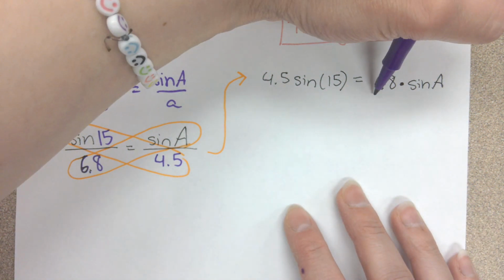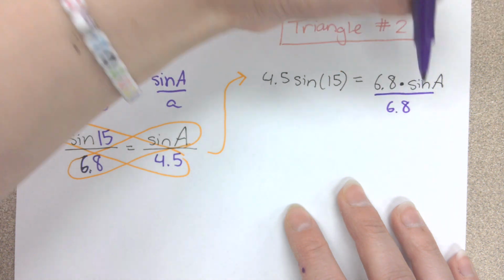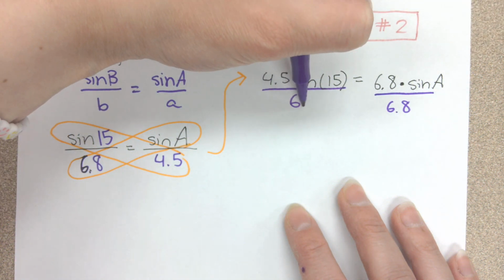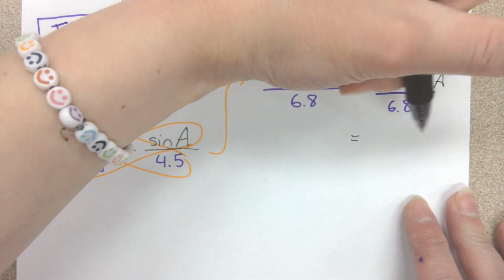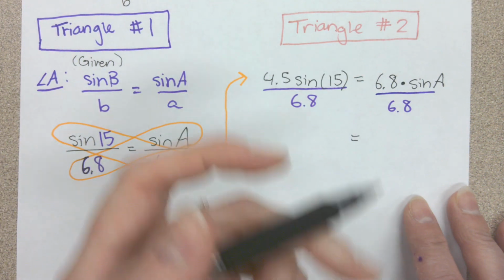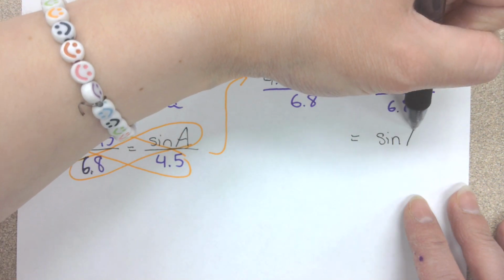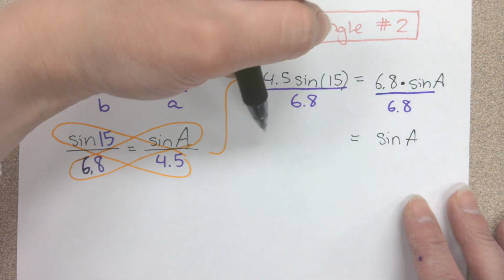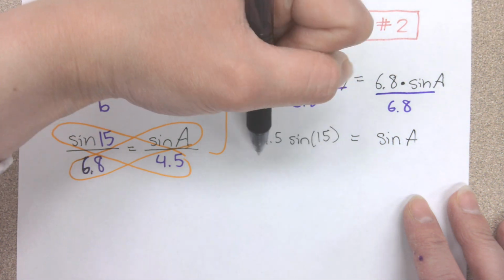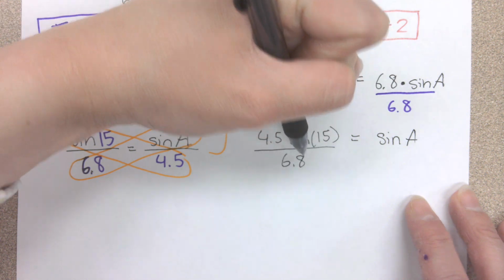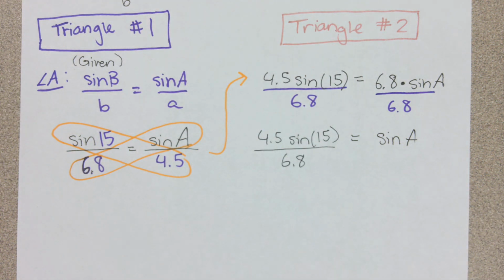So next, I need to divide by 6.8 on both sides. Do not use the calculator yet, no rounding, none of that. So next we have sine of A is equal to that fraction. Don't use the calculator yet, still not there.